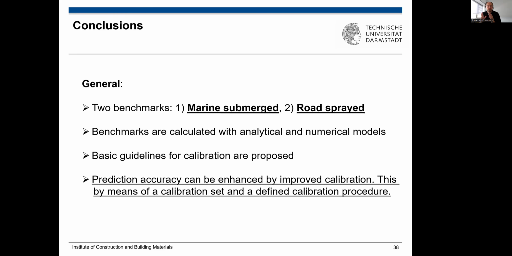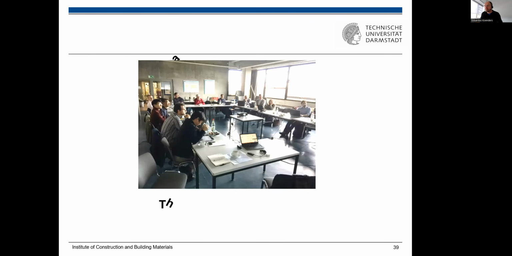If everybody uses the same calibration procedure, the input will be more controlled and more accurate, and then the output will also be better. I think the scatter in the output will also be better, at least for the marine submerged case. That's what the final results were.